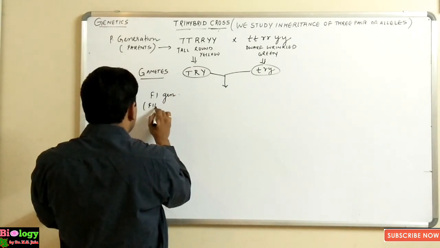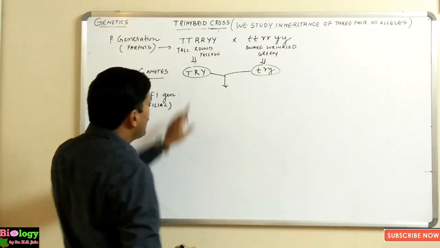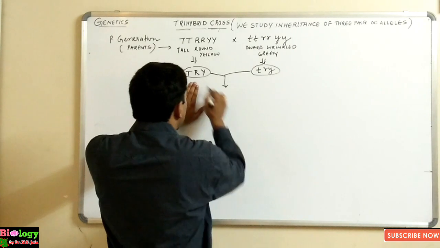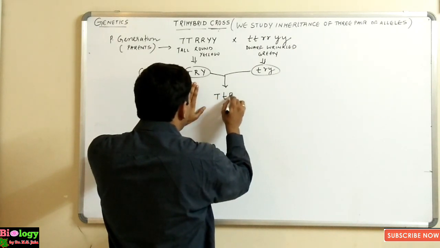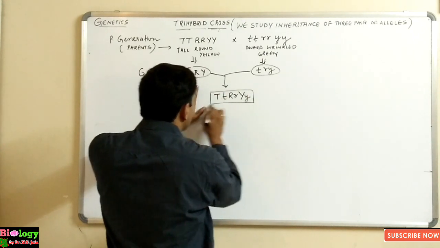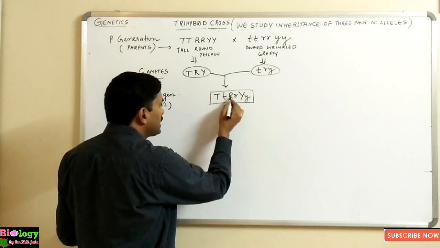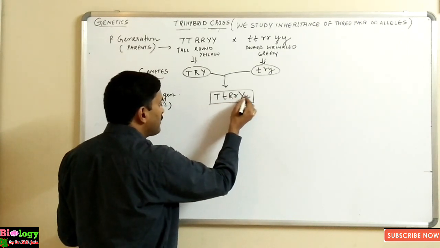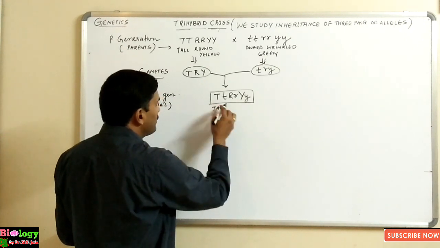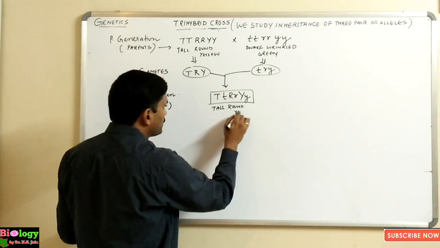F1 means first filial generation, and we get it by crossing these gametes. So we will get capital T small t, capital R small r, capital Y small y. You can see the heterozygous condition, and capital T is dominant over small t, capital R is dominant over small r and capital Y is dominant over small y. So the progeny will be tall, round and yellow.